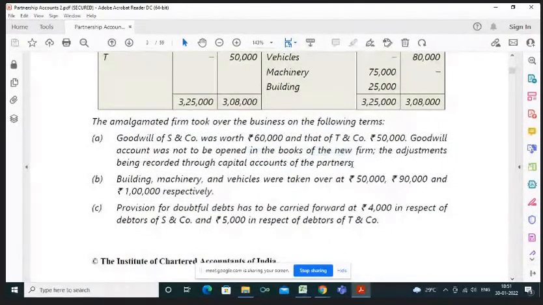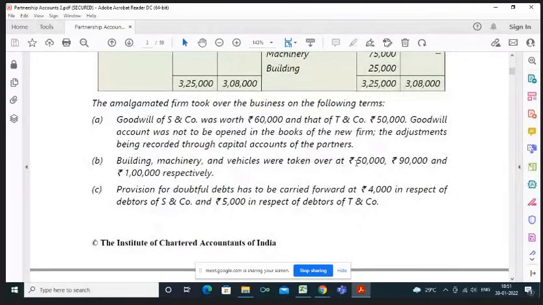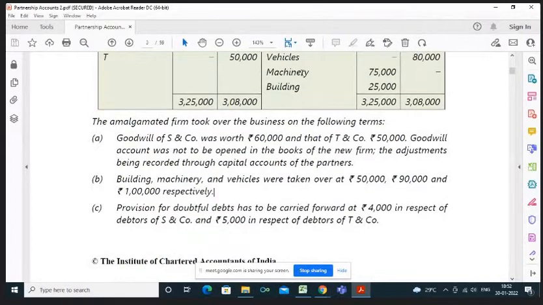So here generally goodwill calculation itself is a big step, but in this sum we are spared. We need not calculate how much is the goodwill. They have given it ready-made, 60,000 and 50,000. But one additional confusion is, what is that confusion? They say this should not be shown in the books of the new firm.